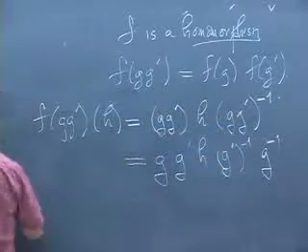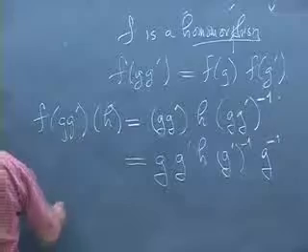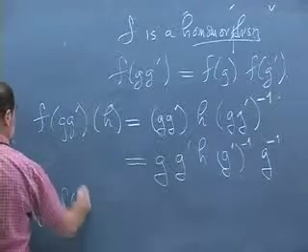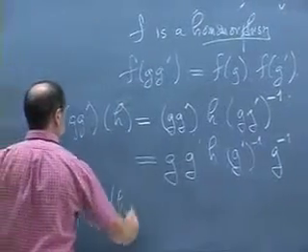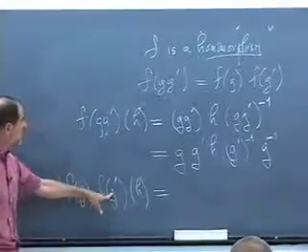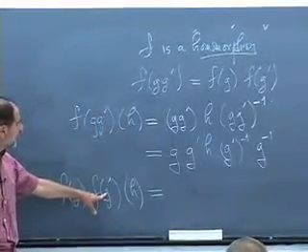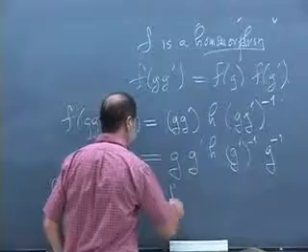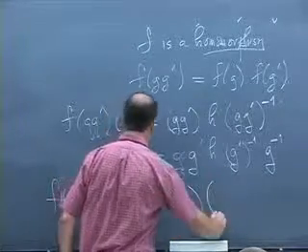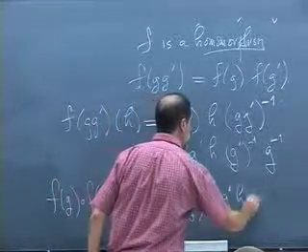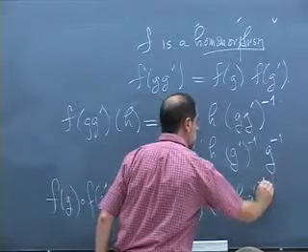On the other hand, how about if we take F of G composed with F of G' on H? First thing is conjugate by G'. So that would be F of G on the element G'HG' inverse.